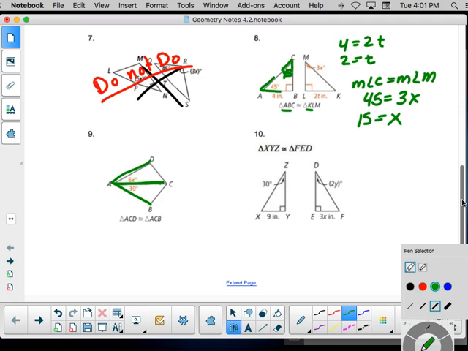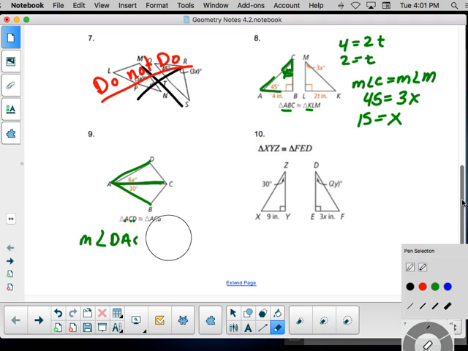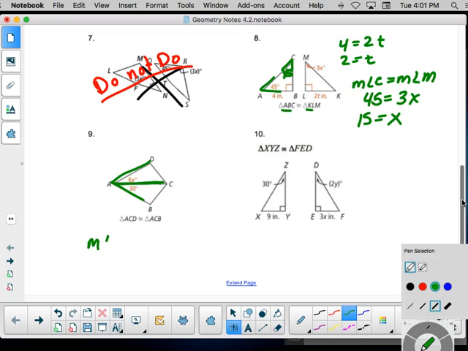Angles BAC, so I got BAC and DAC in those orders. And so the measure of angle DAC is equal to the measure of angle BAC.